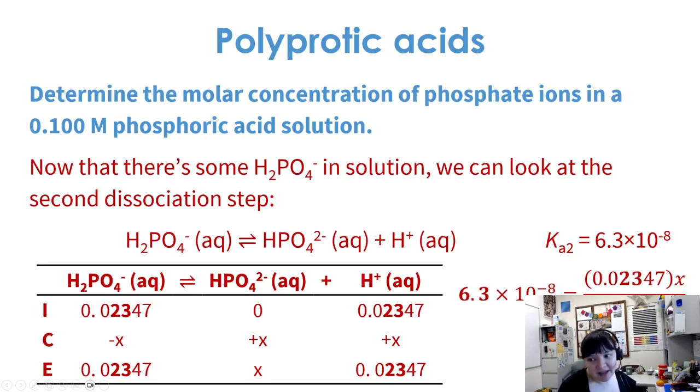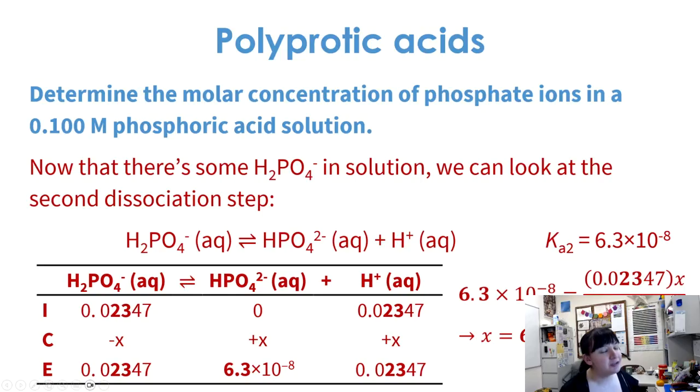The only X that actually changes here is for that HPO4 2-, and so we find that the molar concentration of that is equal to 6.3 times 10 to the -8. So now updating my ice table, I have the following concentrations at equilibrium, shown right here for all three of the substances in this second dissociation reaction.